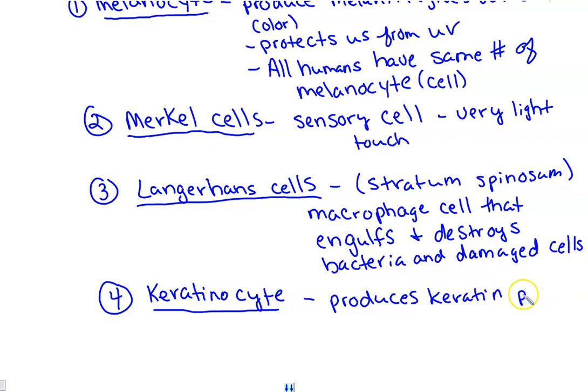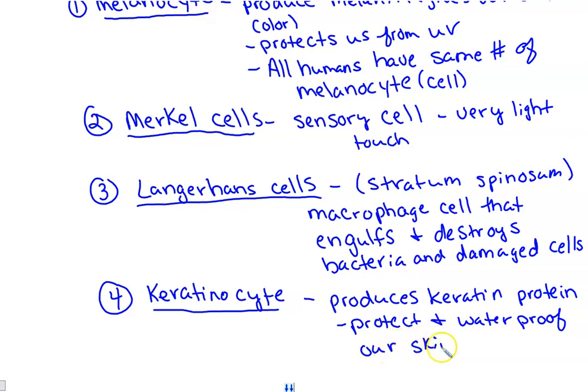So the keratin protein protects and waterproofs our skin. We'll go into more detail a little bit, and we'll see how they waterproof it as we talk about the different layers of our skin. All right, so that's our 4 main cells. We're going to move on to stratum, but that's all for this video.